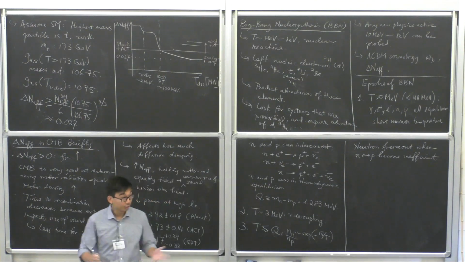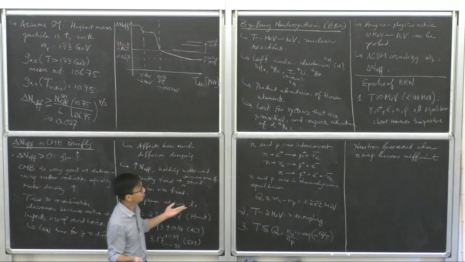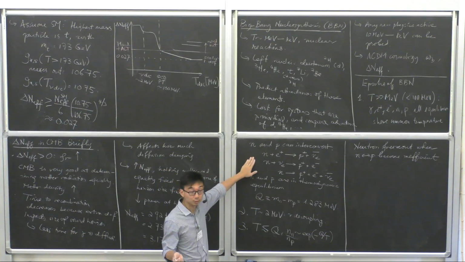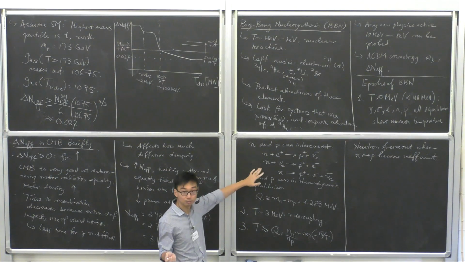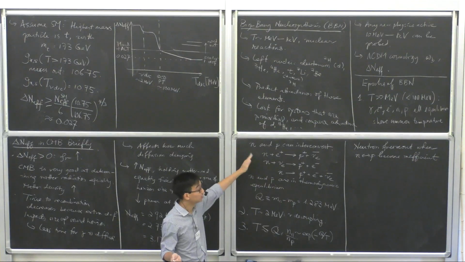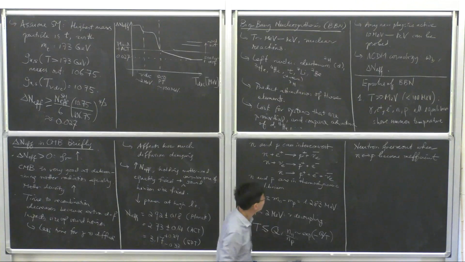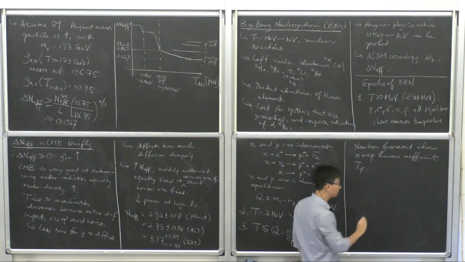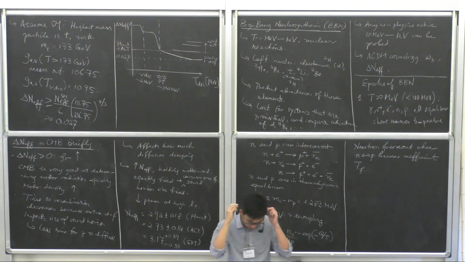You can do a calculation for when this happens. You can take these reaction rates, compute the reaction rates actually to first order, and then write down the Boltzmann equation, solve it, and ask when does freeze out occur. And the answer is that T freeze out, I'll spare you the details, but you can find some of the details in a textbook like Dodelson, for example.